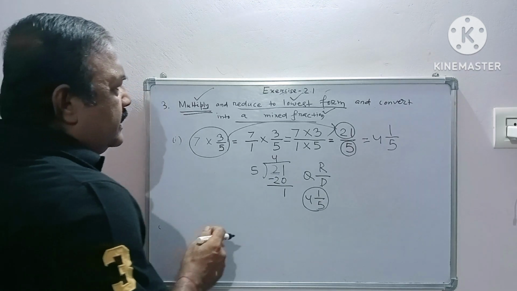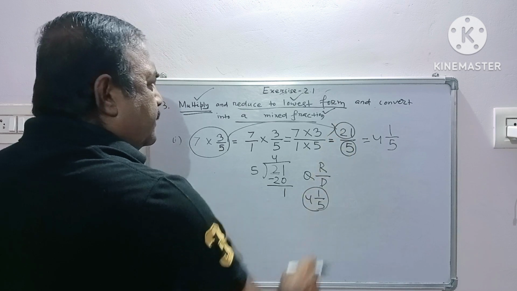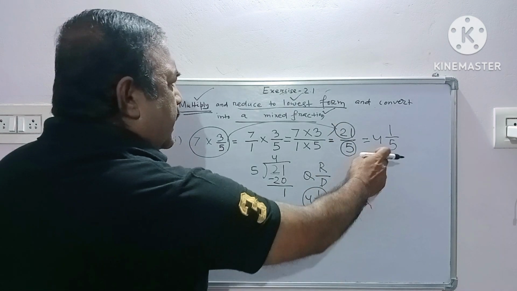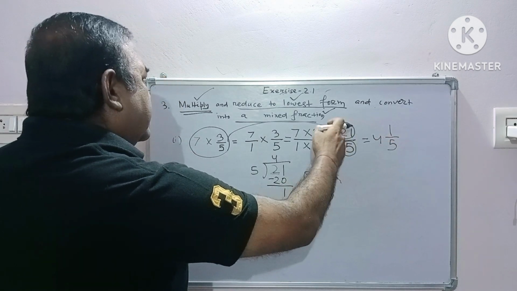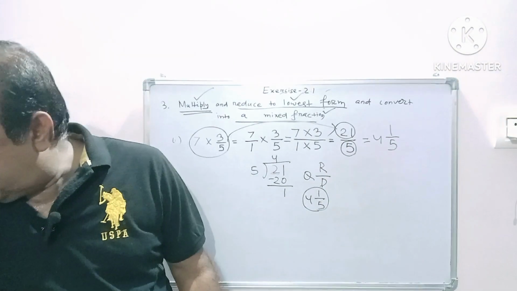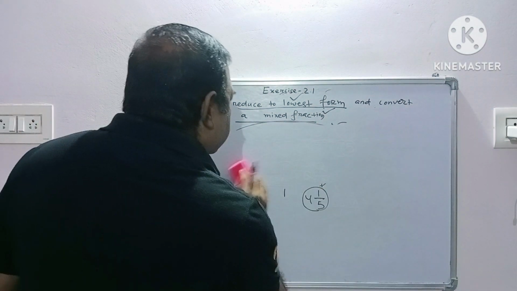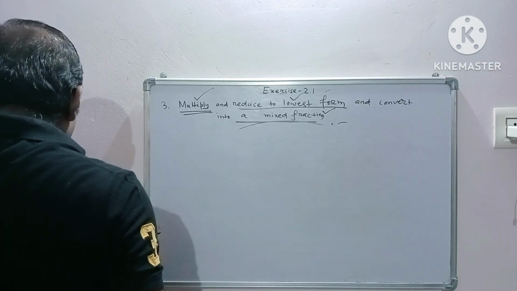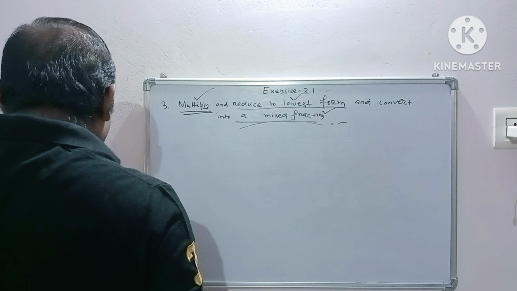And if yes, you divide both the numerator and the denominator by their HCF. Then whatever you get, you see whether that is an improper fraction or not. Then you convert it into a mixed fraction. So let us try B2.